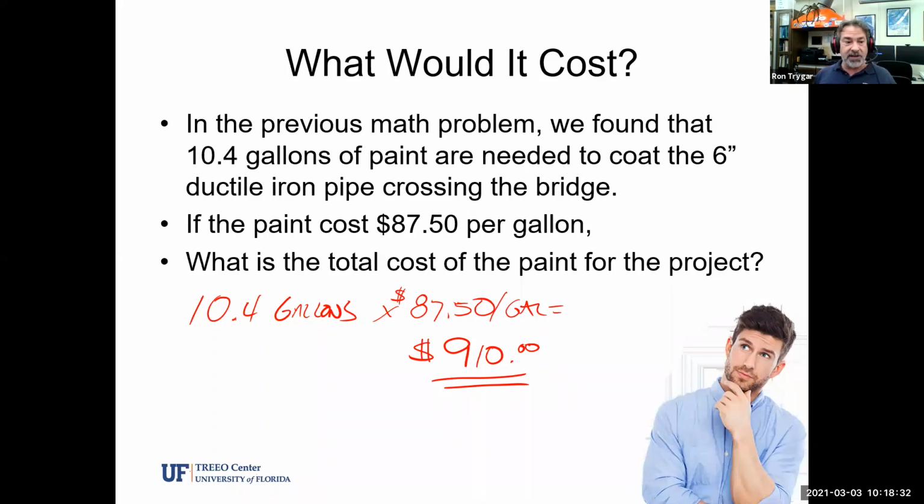So you're the supervisor of the job and you say this job needs to be done this fiscal year. I need to figure just under $1,000 per river crossing. And now we know it's $910. If you have several of these to be done this fiscal year, then you're going to account for that in your budgets.